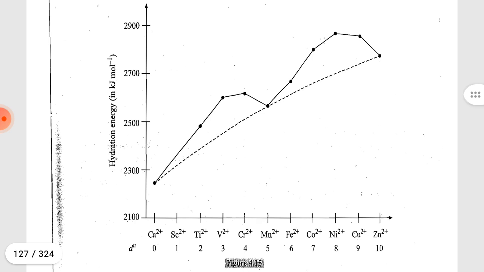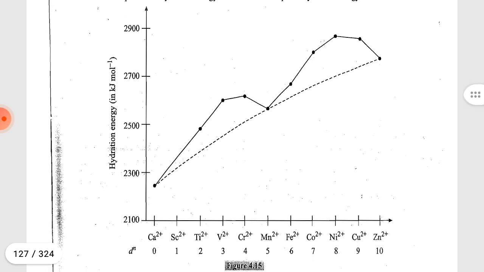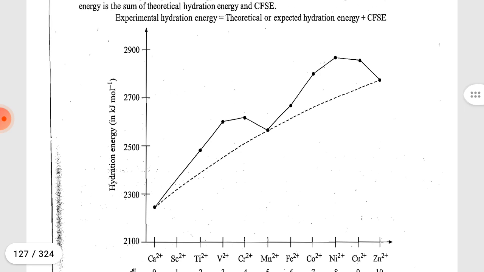In calcium, d^n is 0, scandium 1, titanium 2, vanadium 3, chromium 4, manganese 5. Then in iron 6, cobalt 7, nickel 8, copper 9, zinc 10, at oxidation number 2. Hydration energy is in kilojoule per mole.